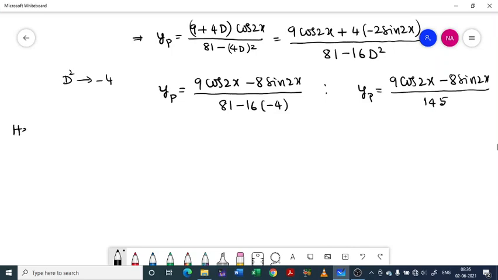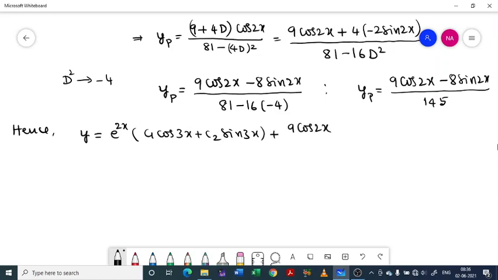Hence the general solution y will be e power 2x times c1 cos 3x plus c2 sin 3x, plus 9 cos 2x minus 8 sin 2x divided by 145.